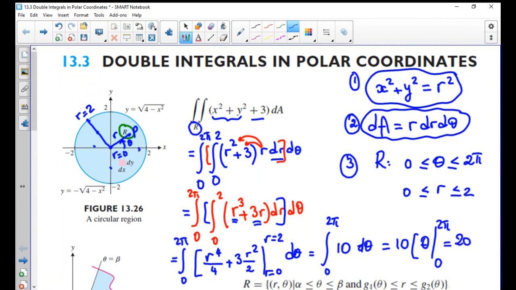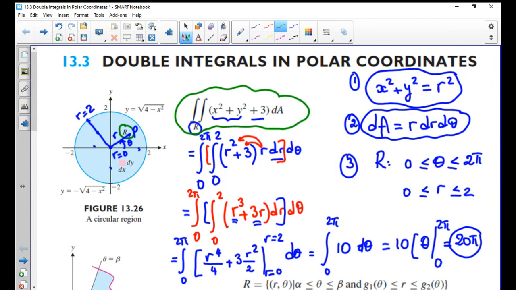That's it. That is our final value for this integral. So it's like 60 something if you want to write it as a number. So this integral that we had at the beginning is equal to 20 pi.